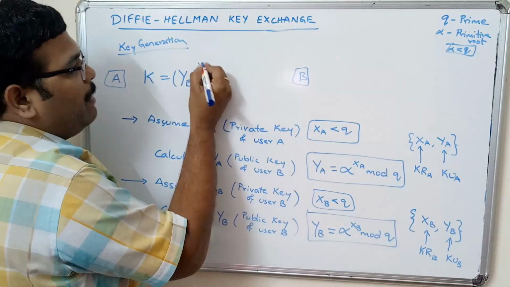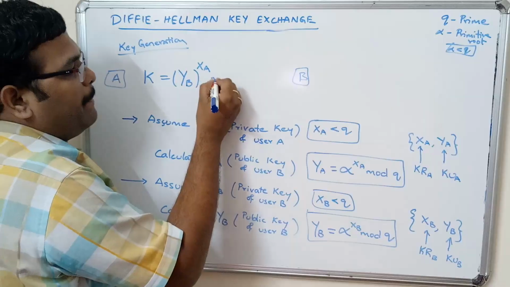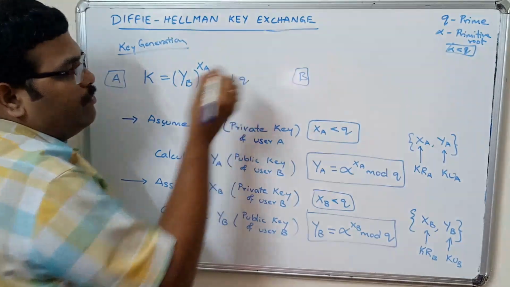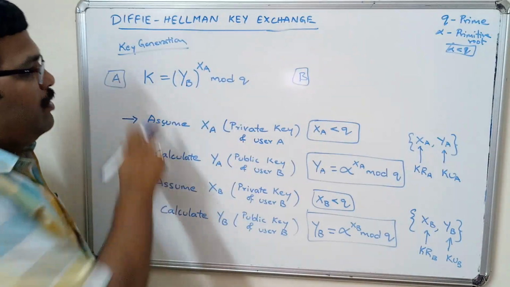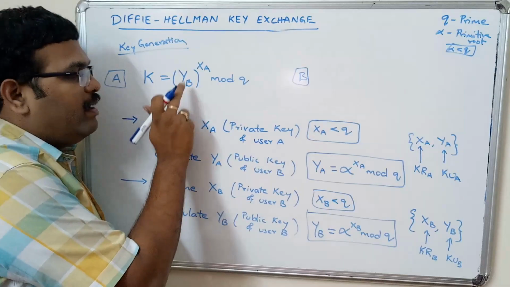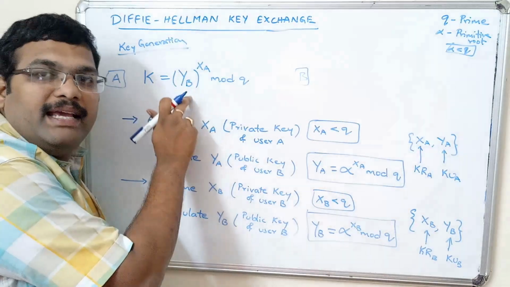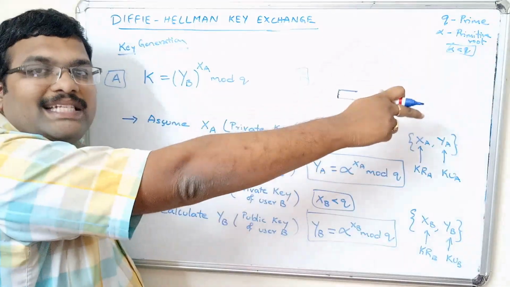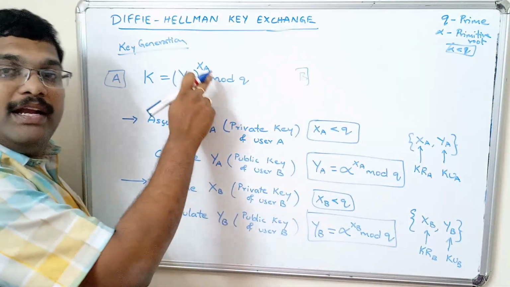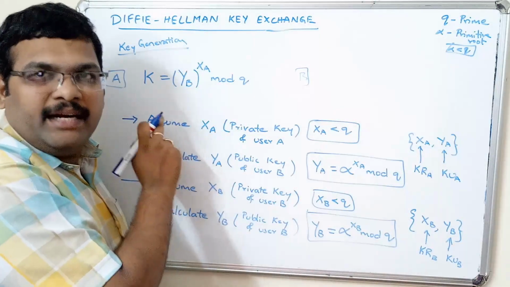YB power private key of A mod Q, right? So here in YB, I am using the public key of the receiver and the private key of the sender.